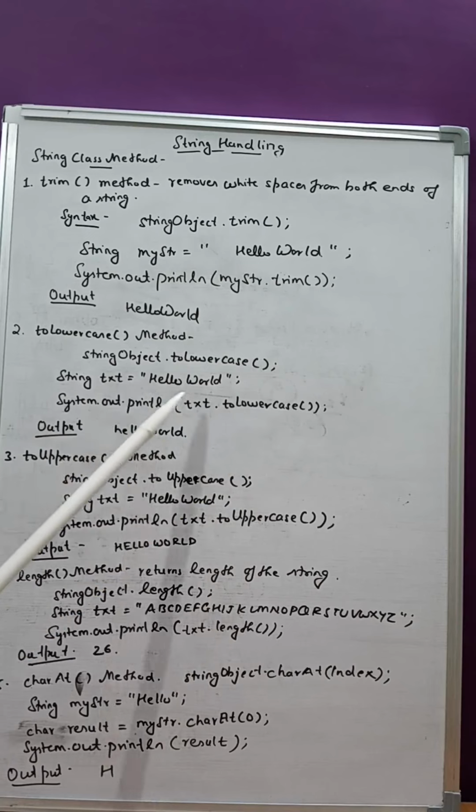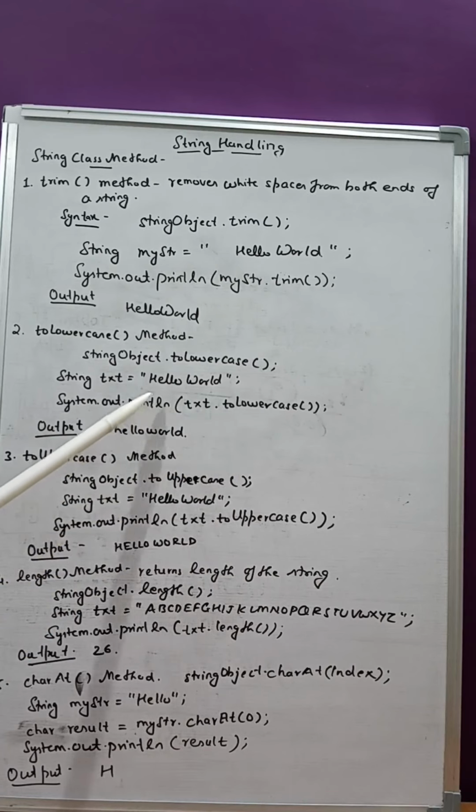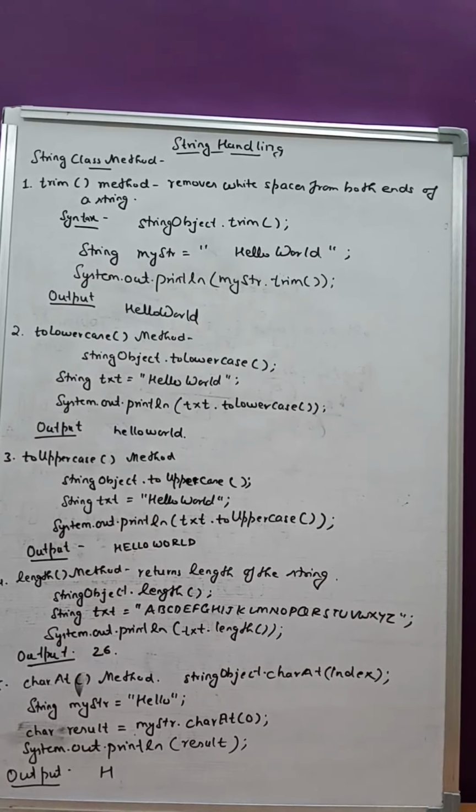This Hello World will be converted to lowercase. The letters H and W will be converted into lowercase letters, printing hello world over here. You must have noted that after using toLowerCase, the uppercase letters H and W are converted into lowercase letters, and the output you will find is hello world.